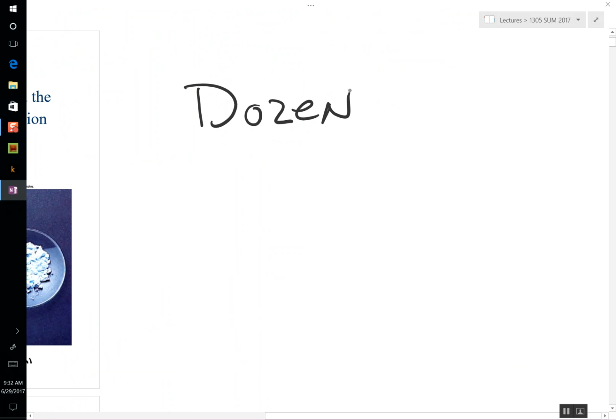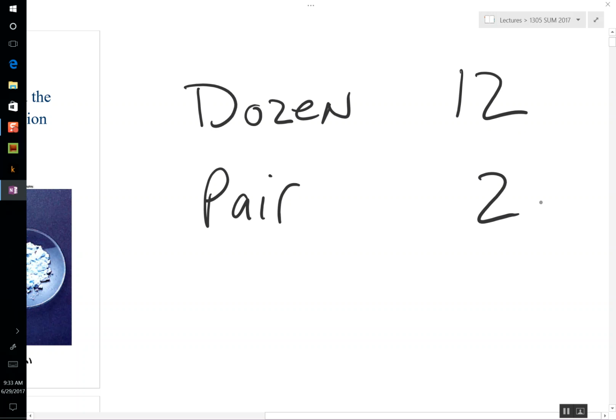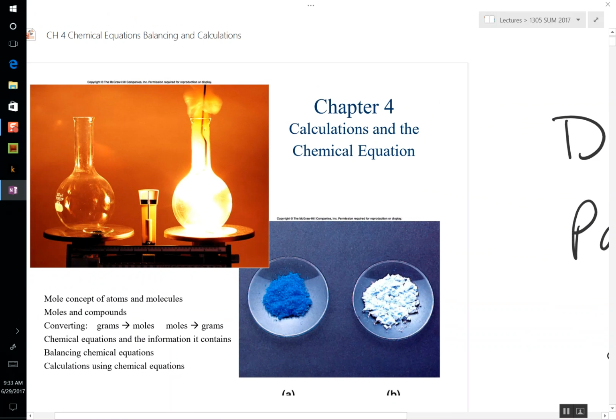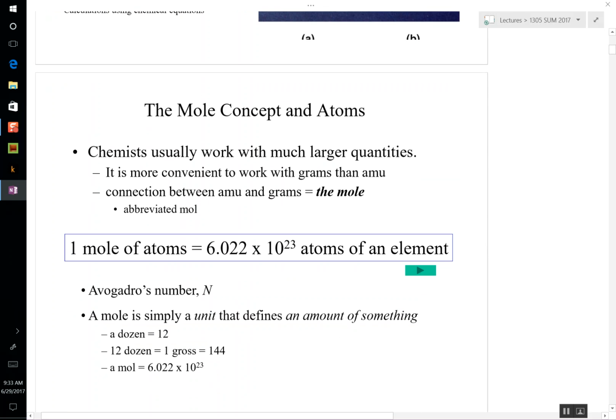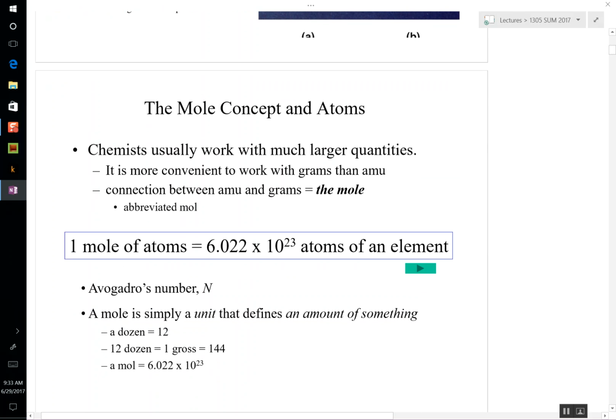The mole is a word that stands for a number, just like the dozen is a word we use to stand for a number. We talk about a pair of shoes. Words that we actually use in the place of a number. Well, that's what the mole is. The mole is a number of things.